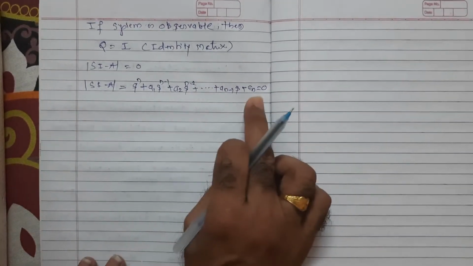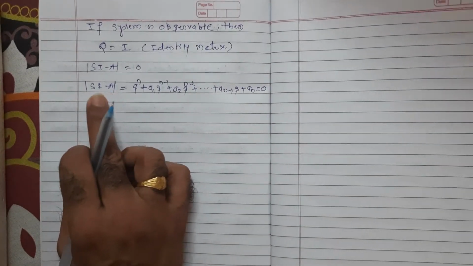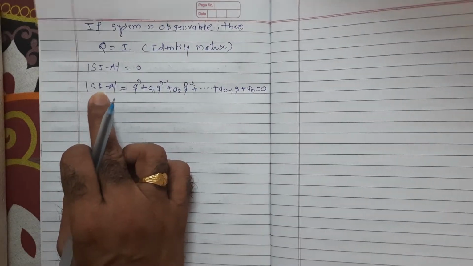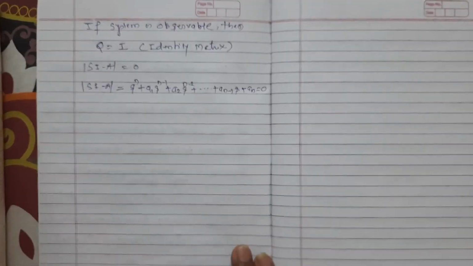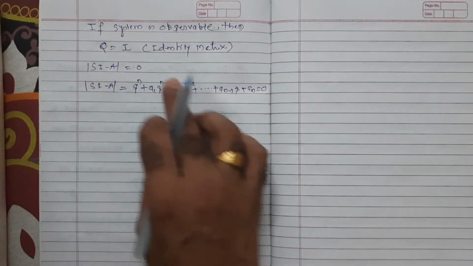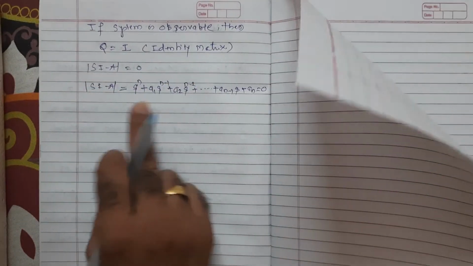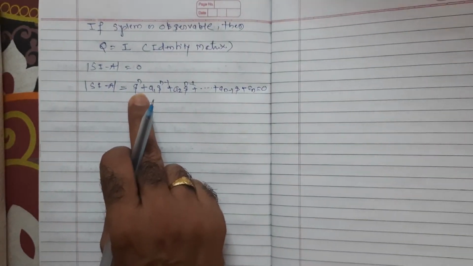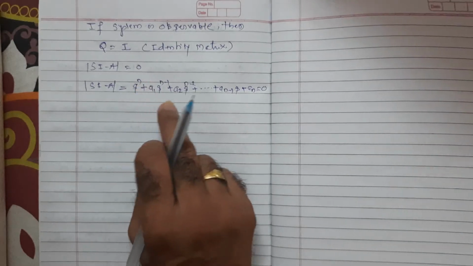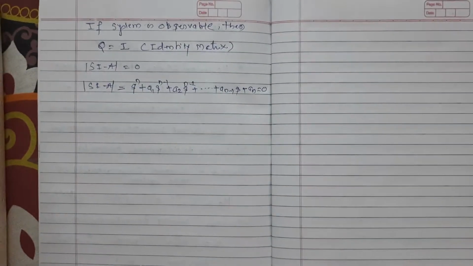For sI minus A, we know sI is the identity matrix multiplied by s, and A is our system parameter matrix that we will put there. We find the determinant of this, and we have the characteristic equation, s raised to n plus this up to an, equal to 0.